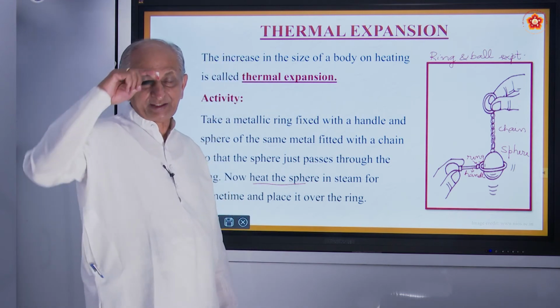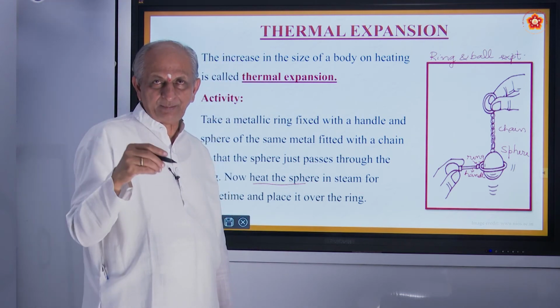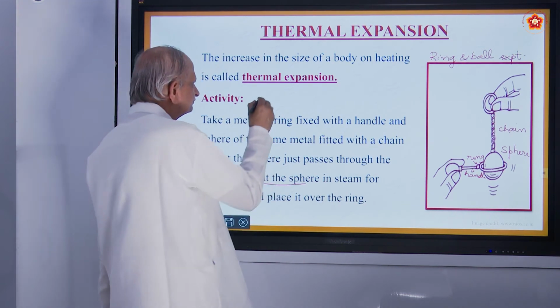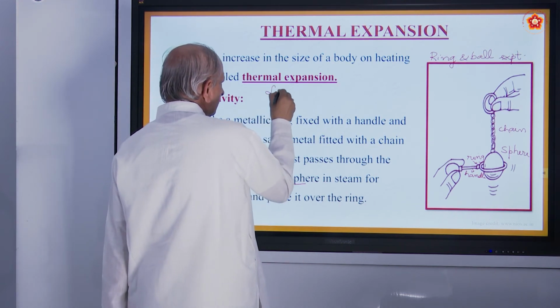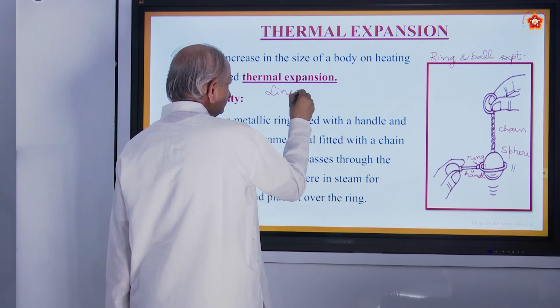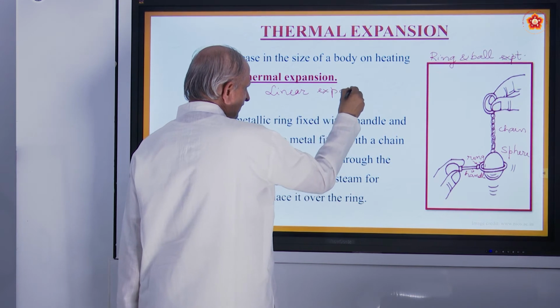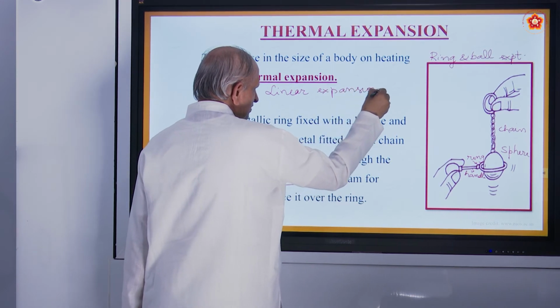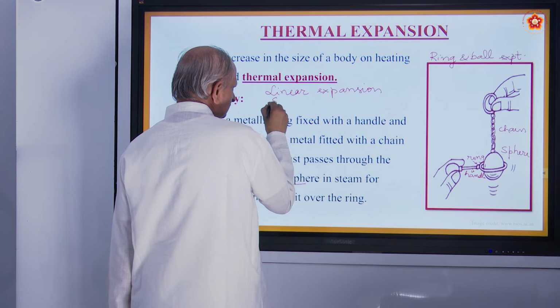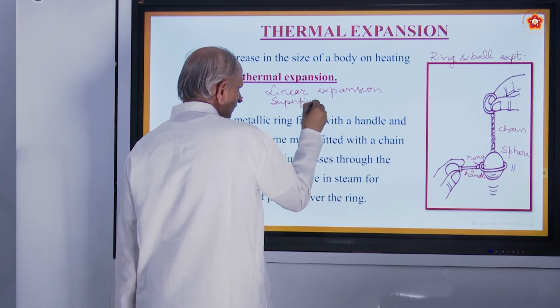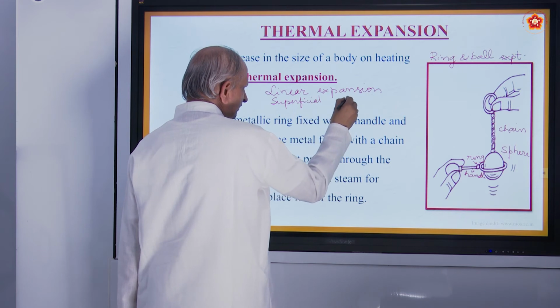There are three kinds of expansions again. One is about length, called linear expansion. Another is about area, that is called superficial expansion, also called areal expansion.